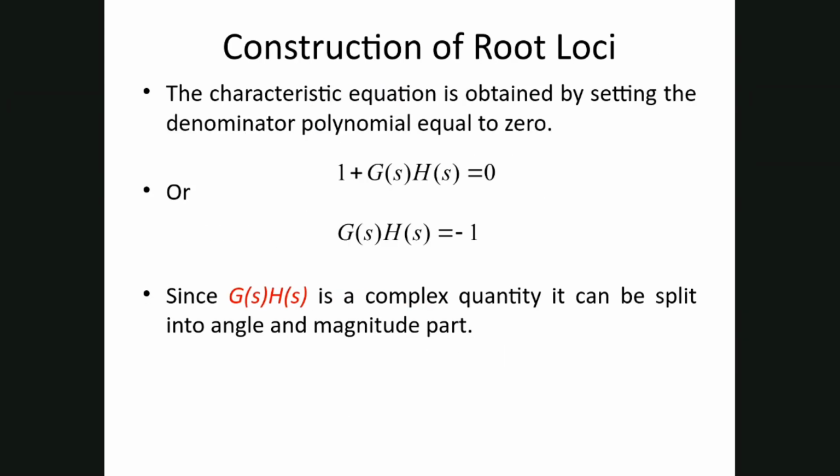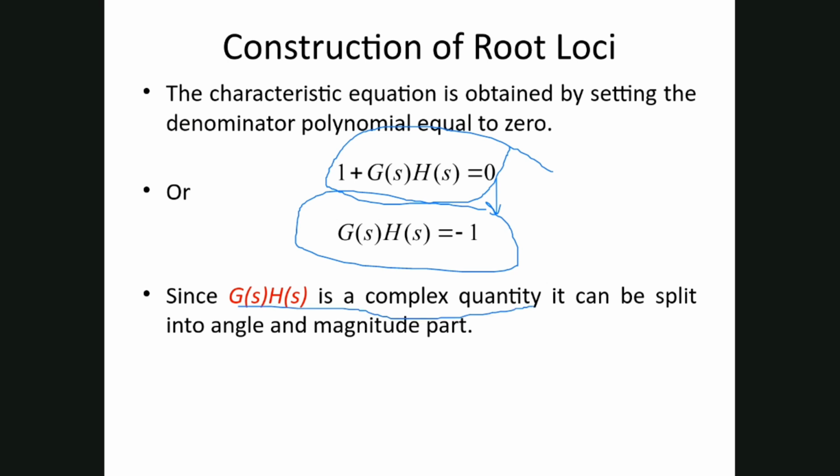Your characteristic equation, which is the denominator of the transfer function, is 1 plus G(s)H(s) equals 0, so G(s)H(s) equals minus 1. And remember, the product G(s)H(s) is a complex quantity.